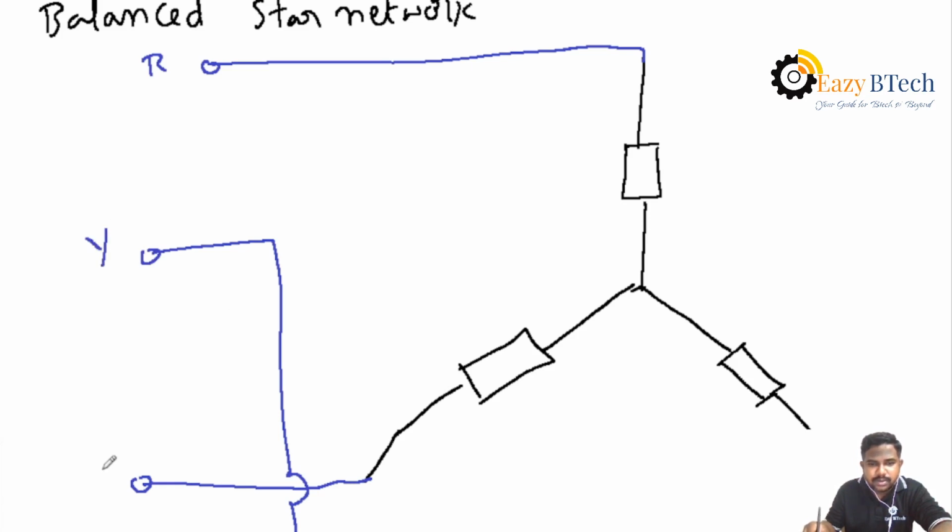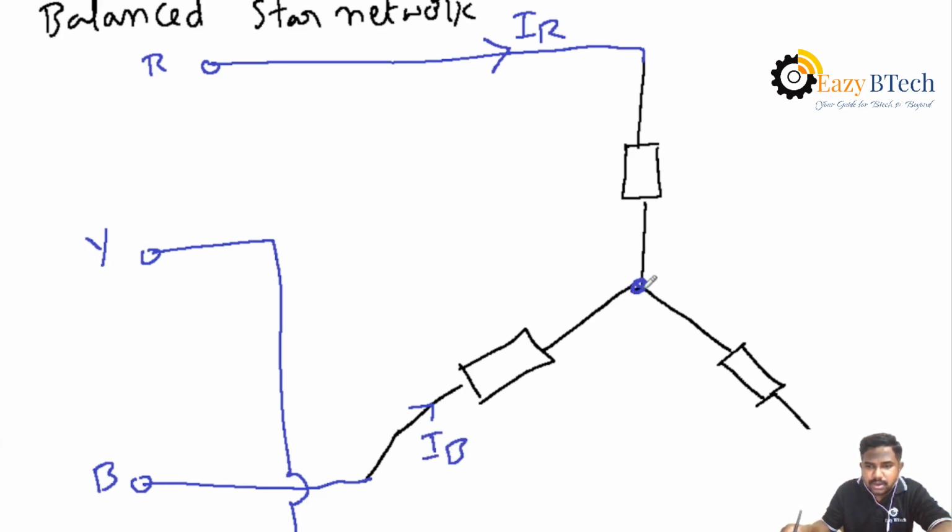This is R, Y, B. So these are the three phases R, Y, B. Then the currents we consider here are IR, IY, IB.